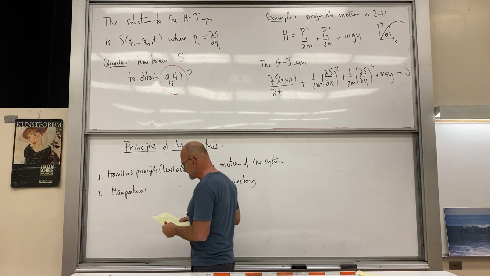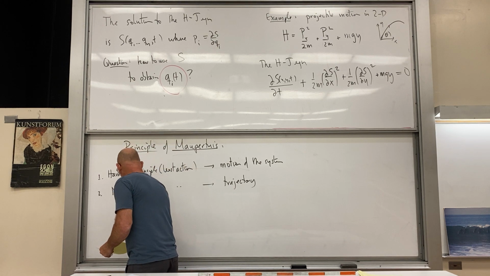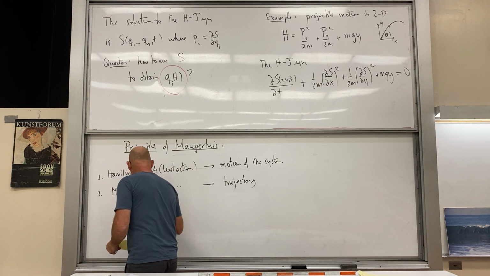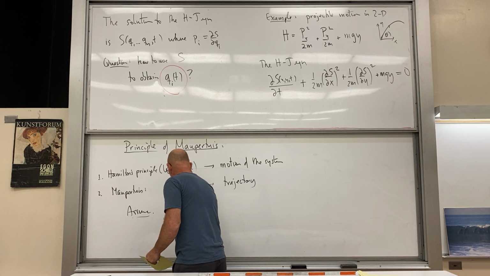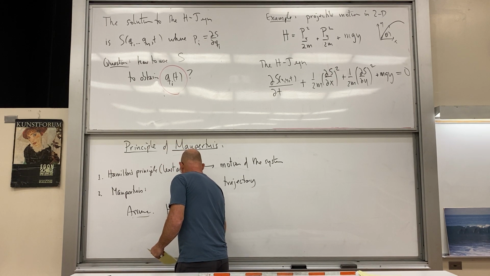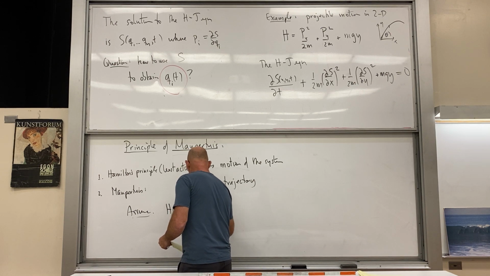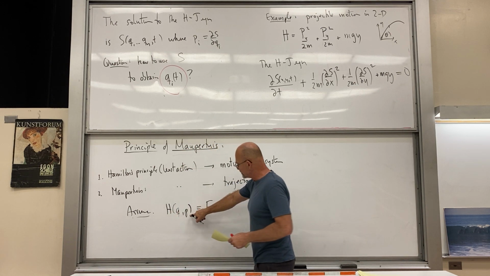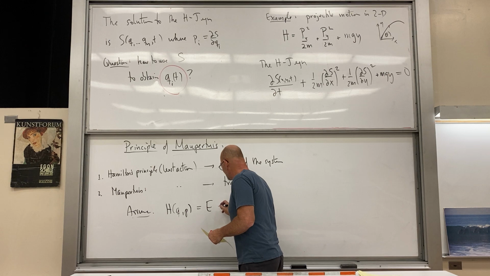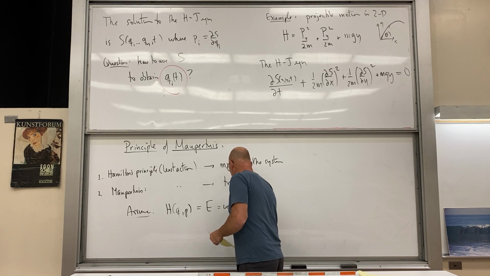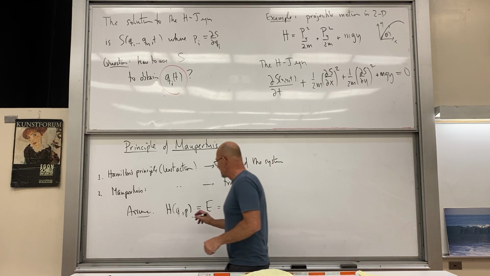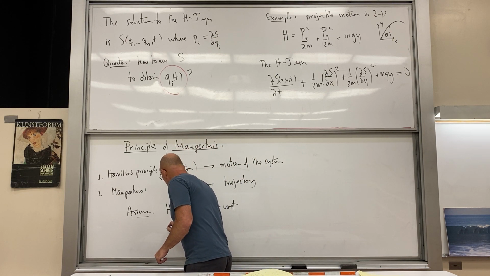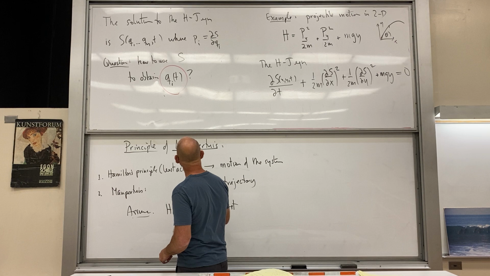Okay, so we have to get started on this. So we're going to assume we have conserved energy, so H of q and p is not going to have an explicit time dependence. H of q and p equals E is constant. And now we have this from the previous board.